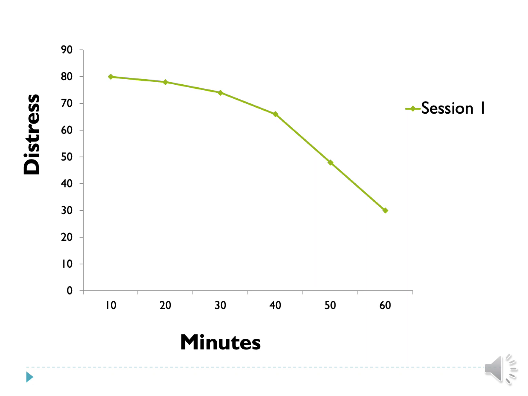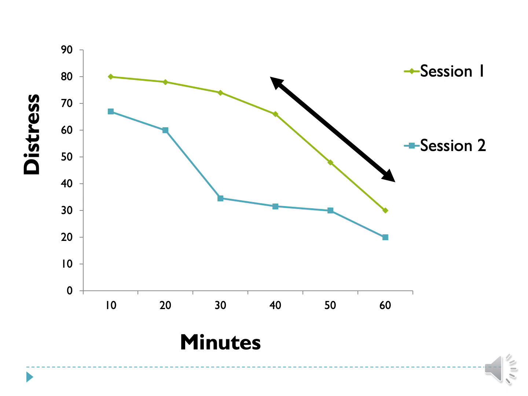So this is a graph showing, here's session one, let's say exposure to touching the floor for someone who has a fear of contamination from floors. You see their distress goes down over the course of about 60 minutes. And this arrow shows the within-session habituation.